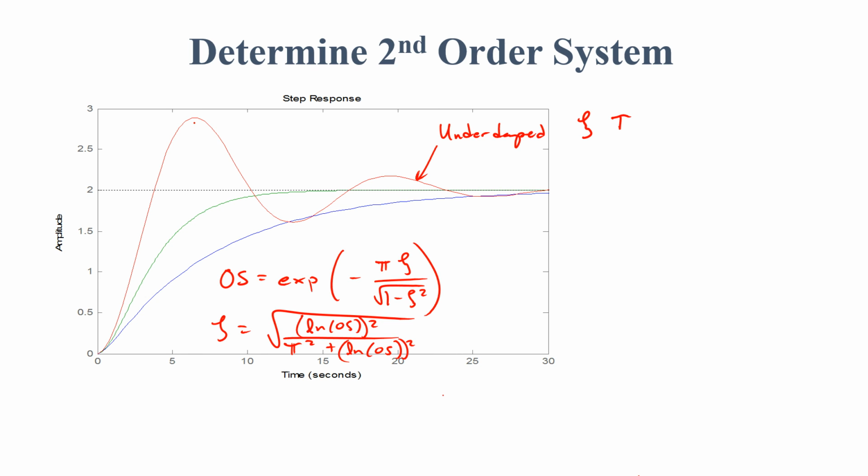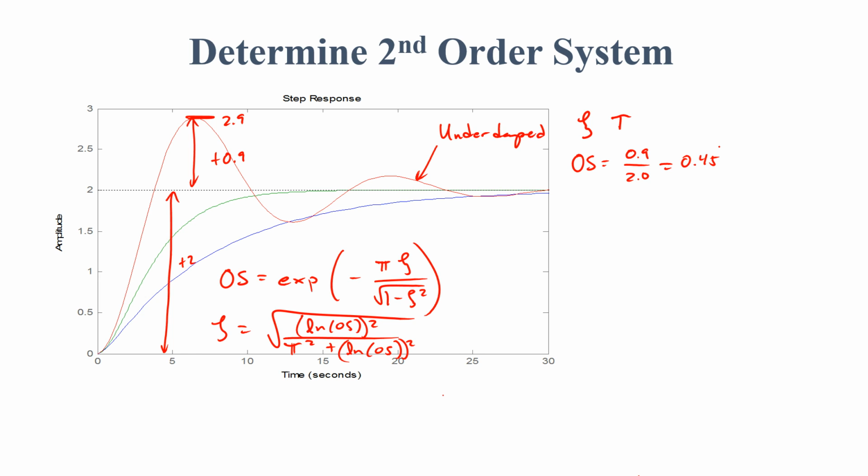Let's go ahead and calculate our overshoot. This is the amount that I overshot the new steady state. Let's say that goes to about 2.9, so that's plus 0.9. Then the change here is plus 2. So my overshoot is about 0.9 over 2, or about 0.45.